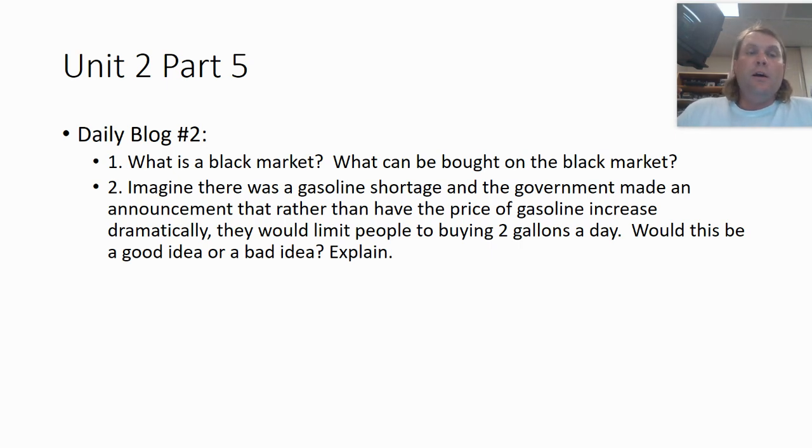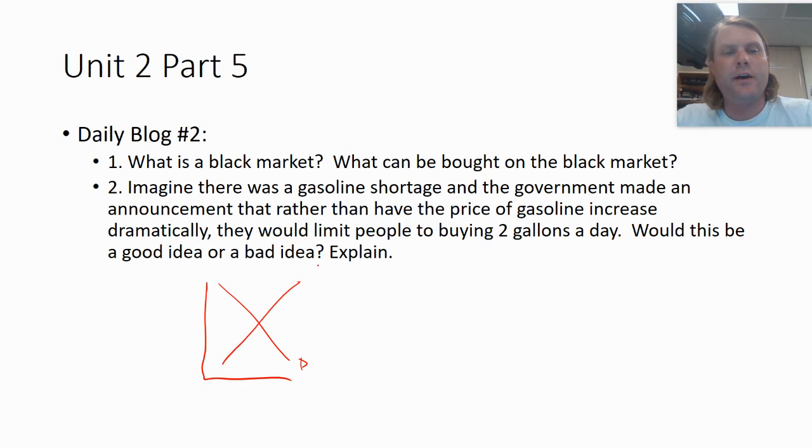Okay. Number two, we had a situation where the government was trying to do the right thing and keep demand for gasoline low, right? So we draw a quick supply and demand graph here. And we had a situation in the United States where we had a trade embargo with the Middle East.